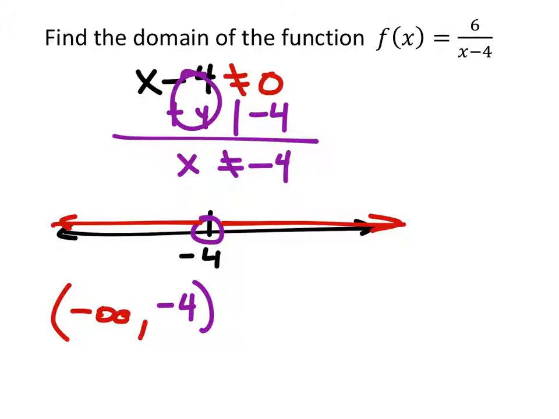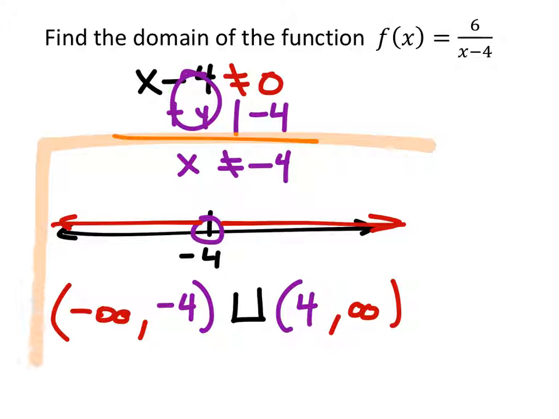Well, the red line also goes as far to the right as infinity, which is not included. But where did it start from? It started at 4, which also was not included. So to indicate that all these values are included as the solution set for the domain, I'm going to unite them or put an OR statement between those. So we've represented the domain three different ways here, with the inequality, the graph, and the interval.